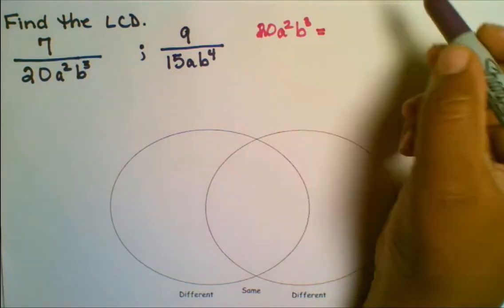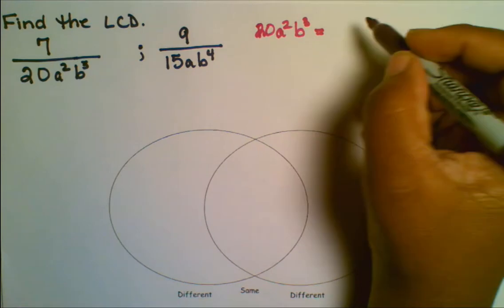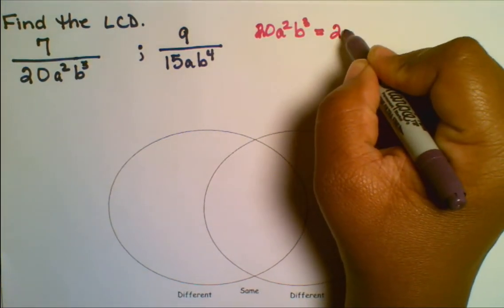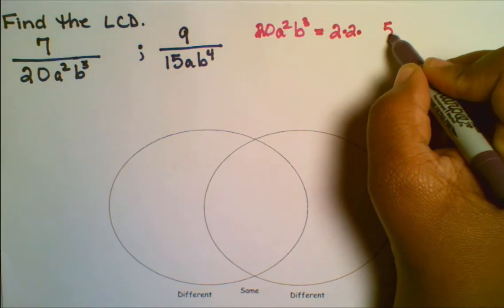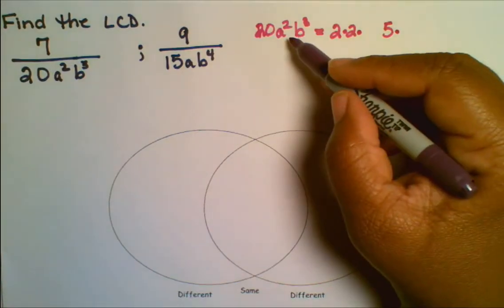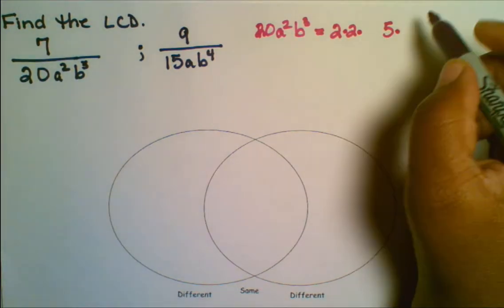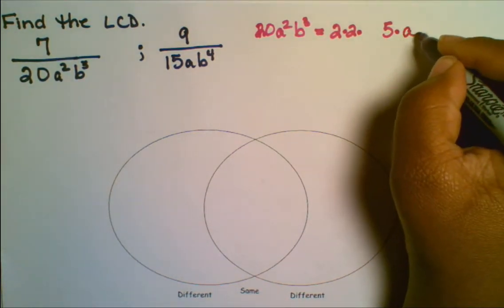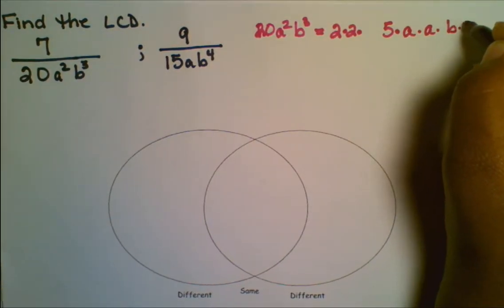We want to list the prime factors. For 20, when we branch off 20, we have 4 times 5. So the prime factors are 2 times 2, and we have a 5. And then we have a squared b cubed. We're going to write out the number of a's we see and the number of b's we see: 2 a's and 3 b's.